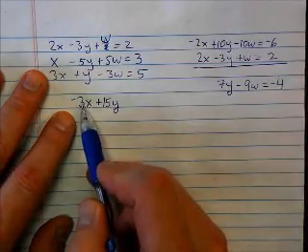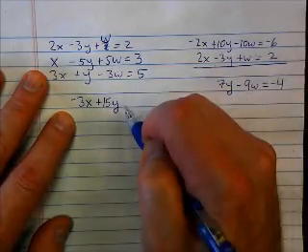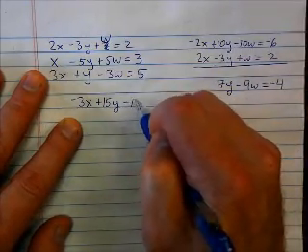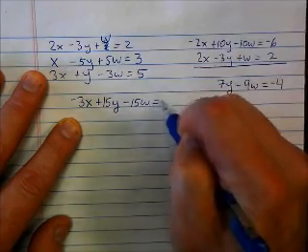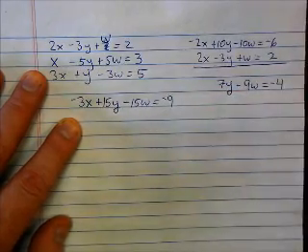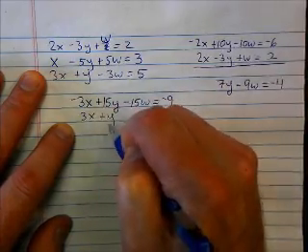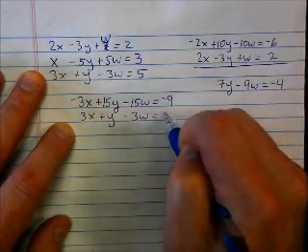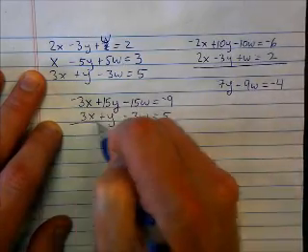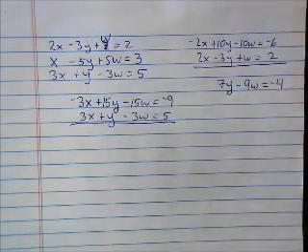I get -3x plus 15y minus 15w equals -9. And then the bottom one is 3x plus y minus 3w equals 5. Add them up. What do you get?